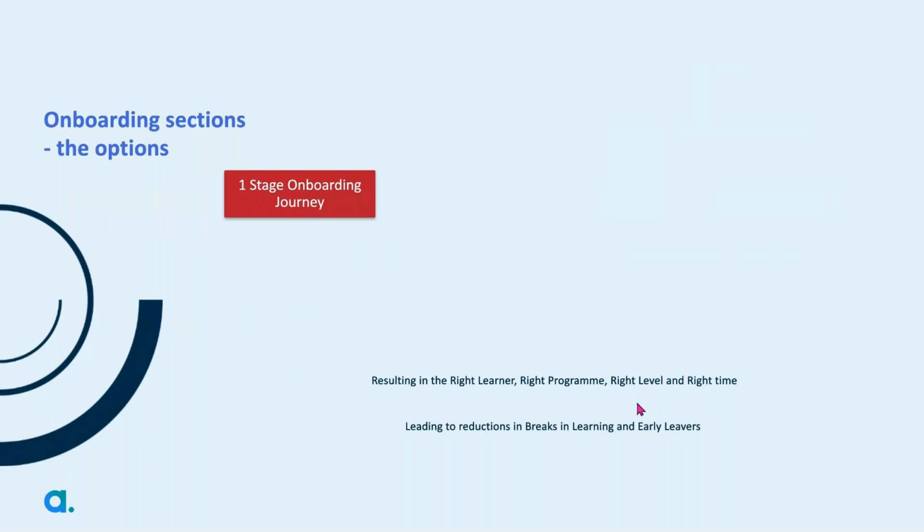So often as providers, we reference this kind of phrase: the journey will result in the right learner, right program, right level, right time, leading hopefully to reductions in breaking learning and early leavers, because we've made the right decision about our learners, whilst also giving opportunity to offer information, advice and guidance to those learners that may need to have a positive no, which is not a bad thing.